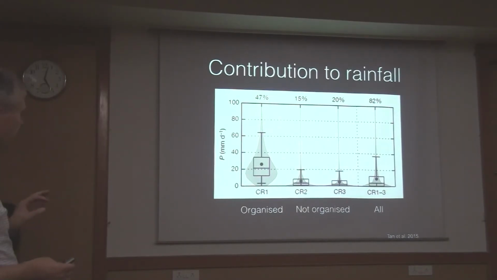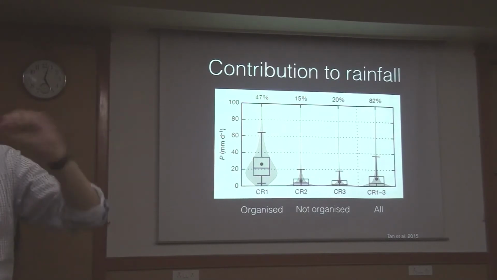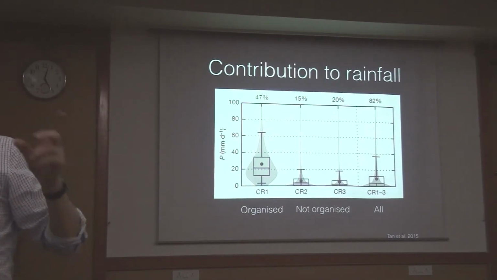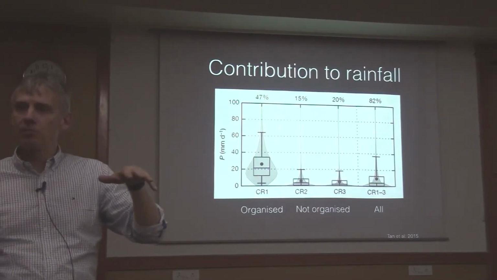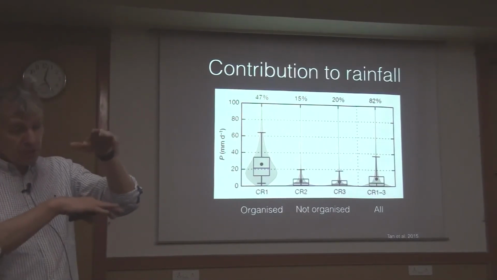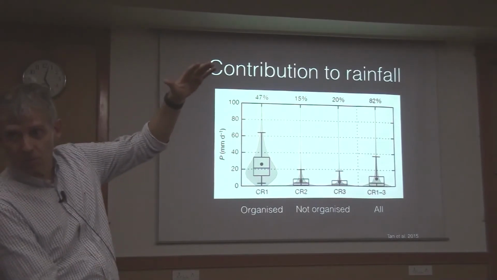So the organized convection, because it has non-organized convection, still makes large amounts of cirrus cloud, but they are thin. They don't produce much precipitation, but they are thick enough to be changing the radiation balance. So for the radiation balance, it's these thin clouds that we worry about. For the precipitation, it's the thick ones that we worry about.